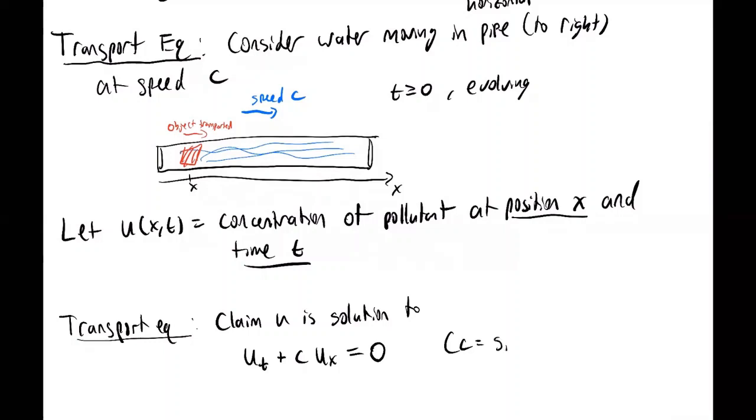Here c equals the speed of water, as we saw before, and we're going to assume it's constant, just to simplify things a little bit. This is a first order linear equation. We know how to solve this PDE already, but I don't want to talk about how to solve it. I want to talk about why this equation describes this physical system.